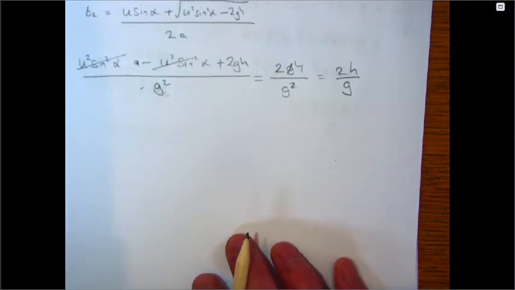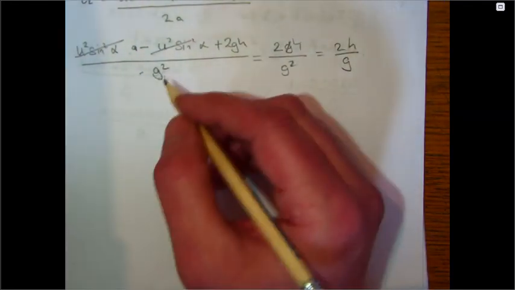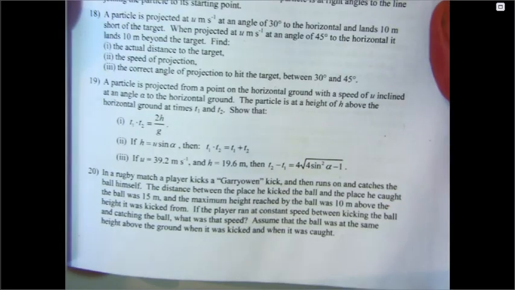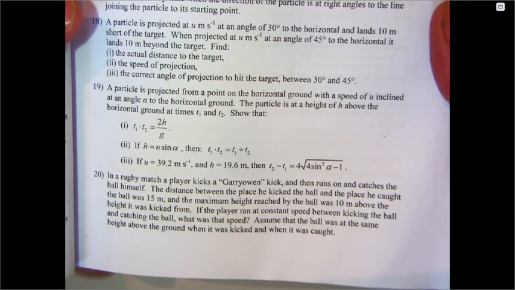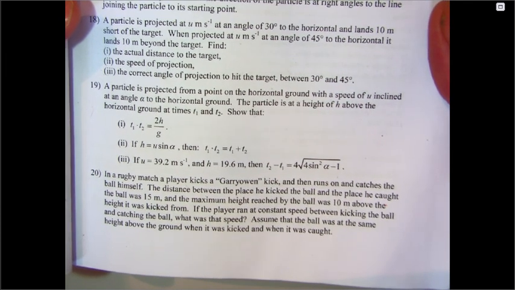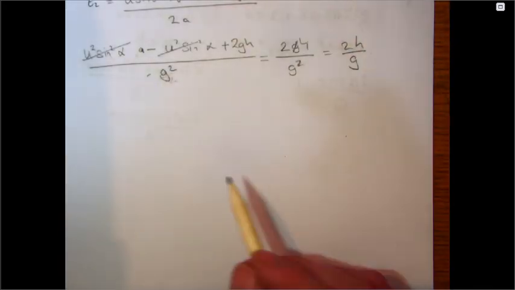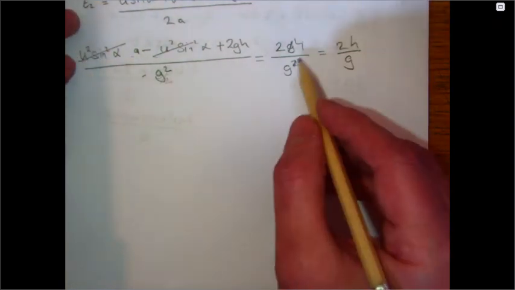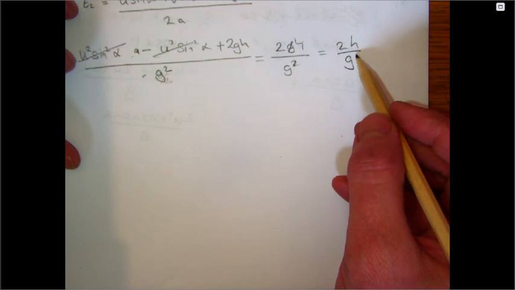The second one then says, show that if h is equal to u sine alpha, then T1 T2 is equal to T1 plus T2. This is what T1 times T2 is.